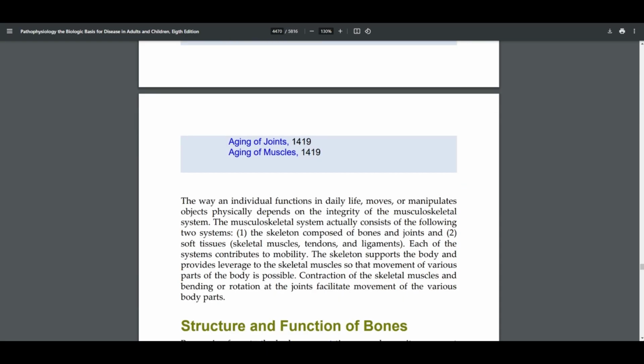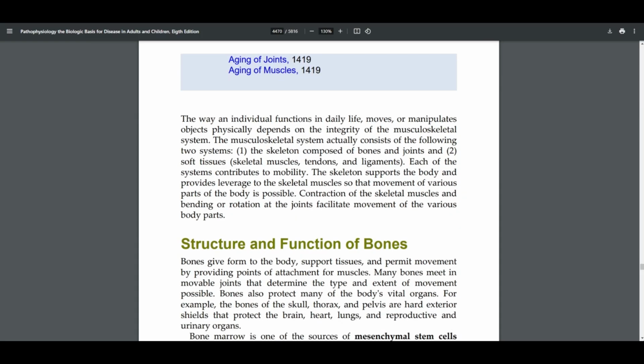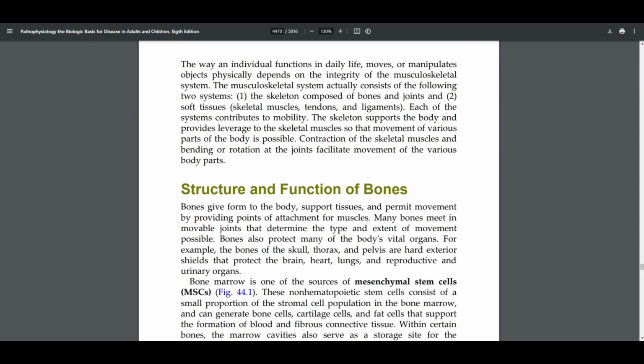The way an individual functions in daily life, moves, or manipulates objects physically depends on the integrity of the musculoskeletal system. The musculoskeletal system actually consists of the following two systems: the skeleton composed of bones and joints, and soft tissue, skeletal muscle, tendons, and ligaments.